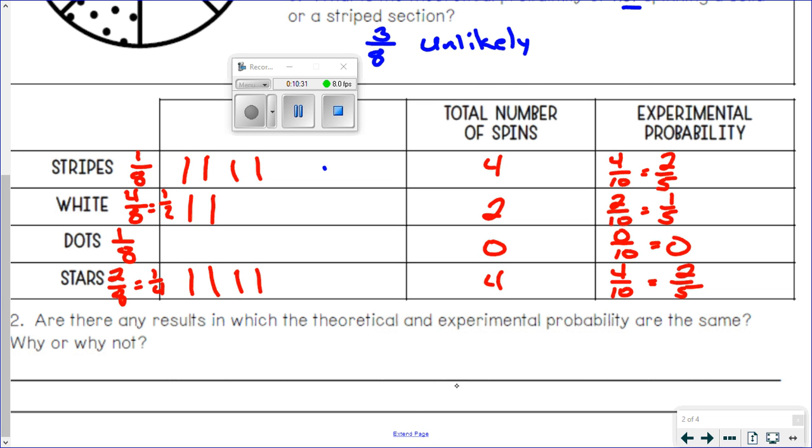And the answer, I'm not going to write it out here, but the answer is that they don't match up because we didn't do the experiment enough times. So if you really want to get results that are close to the theoretical probability, maybe not exact, but very close, you want to do the experiment multiple times, way more than 10. The more you do, the better your results are going to be.